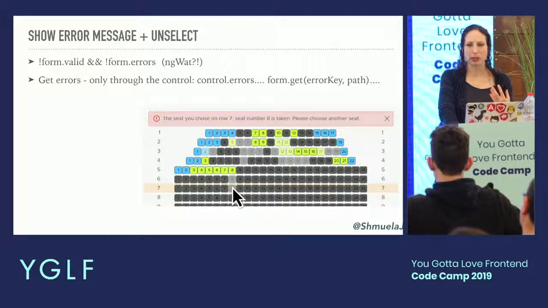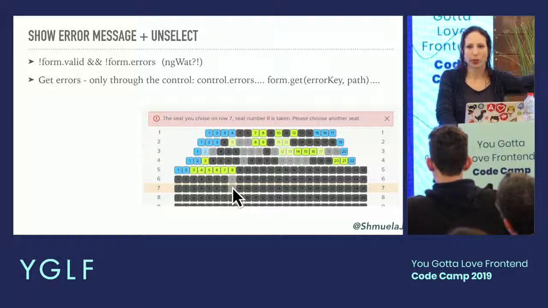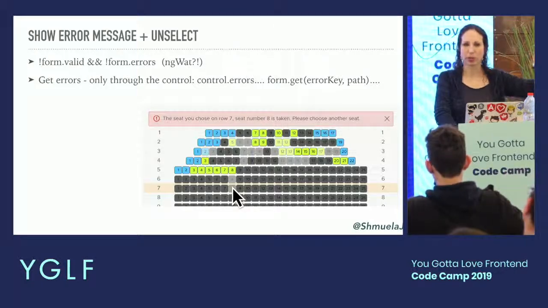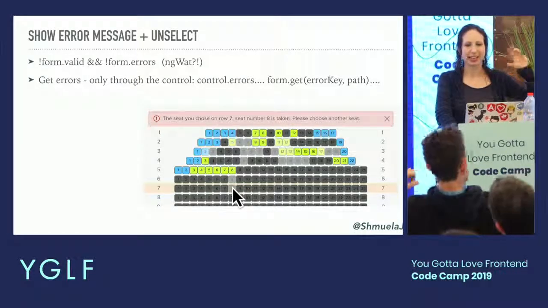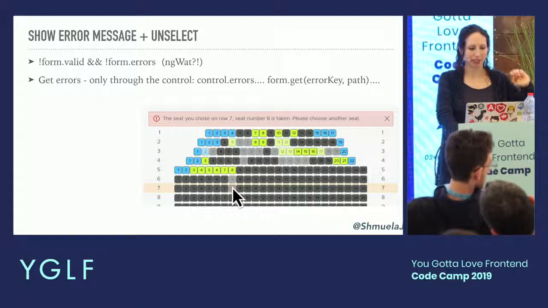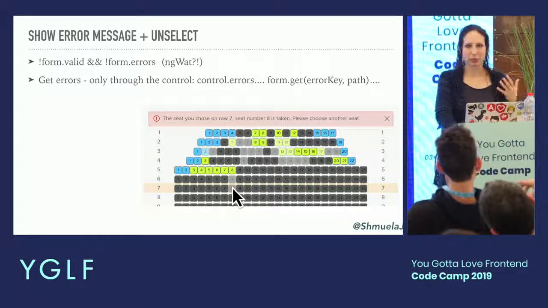So the only way to get the error object is to know where it came from, to hold the control. So we need to get the control with the path to the control like we did before, and then we can get the error object. But we don't know which control it came from.